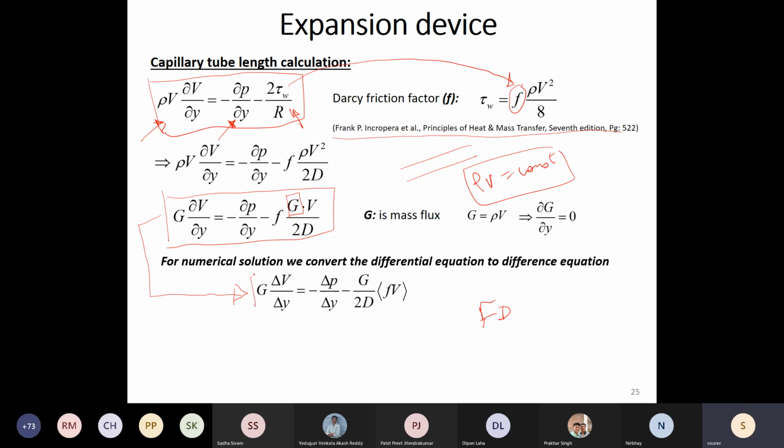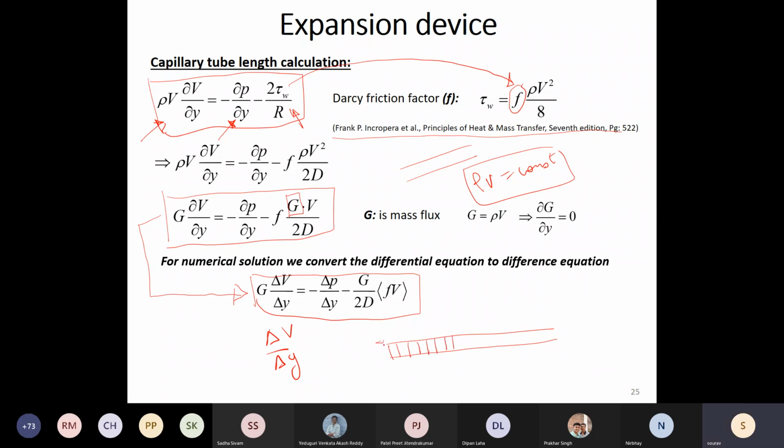Okay, so this is the final form of the momentum equation. So just let us see what it tells: del V over del Y. What it means is how the velocity is changing across the length of the capillary tube. So in order to solve for this, I will have to divide my entire capillary tube into small segments.